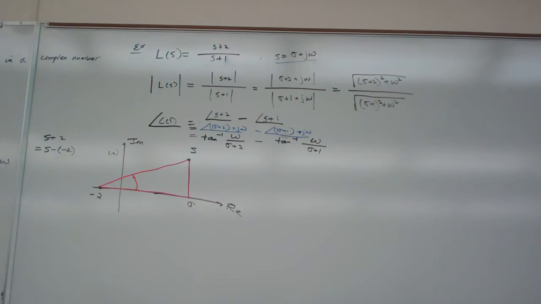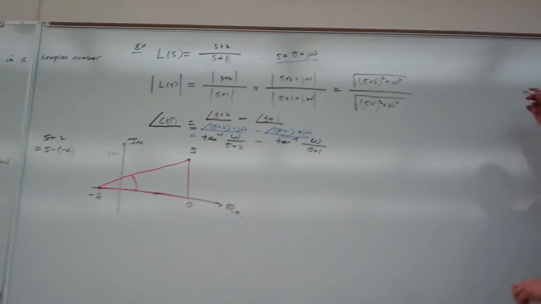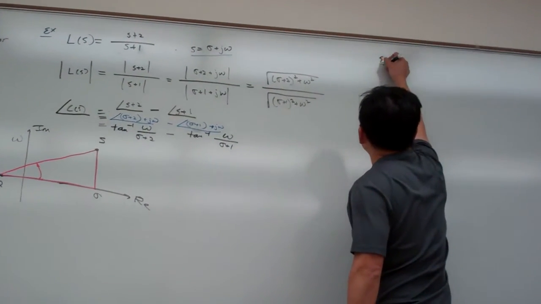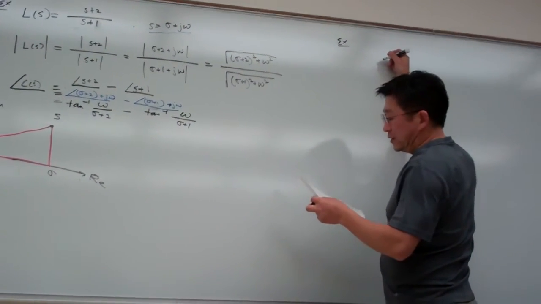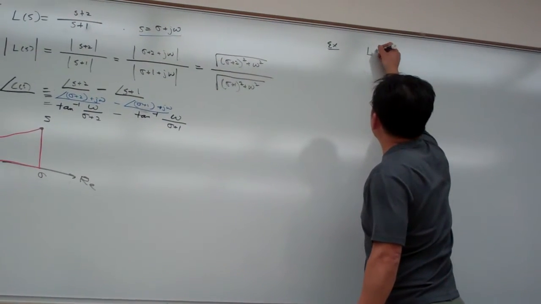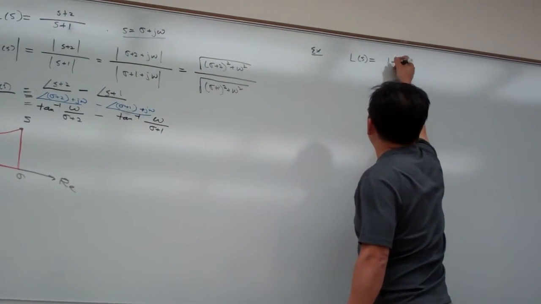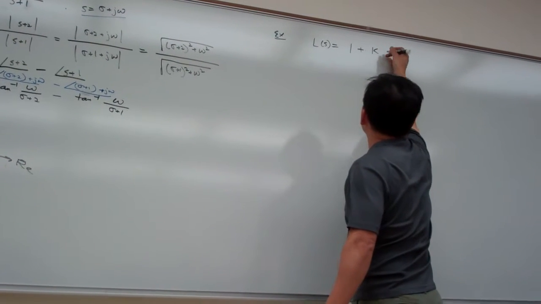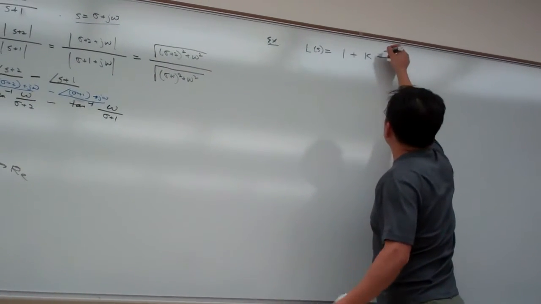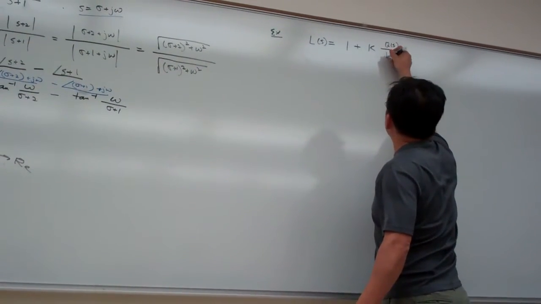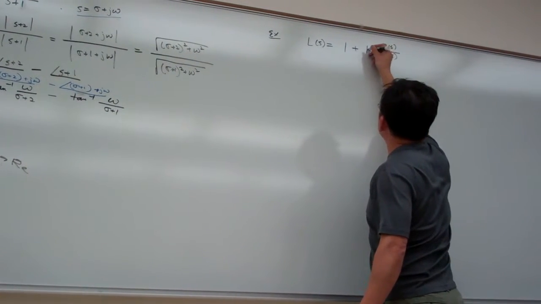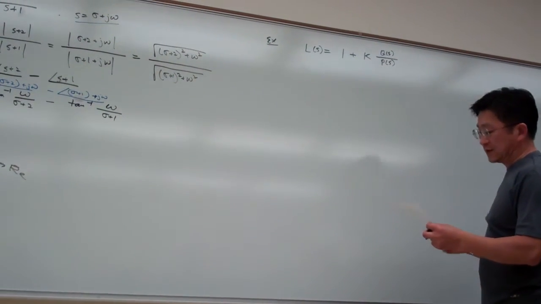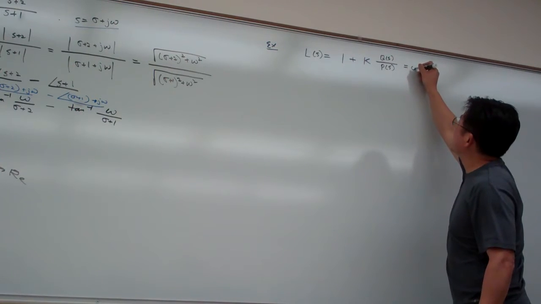Okay. And another example, more complicated, is this. Say if we have these functions, L(s) will be equal to 1 plus k Q(s) over D(s), equal to 0.